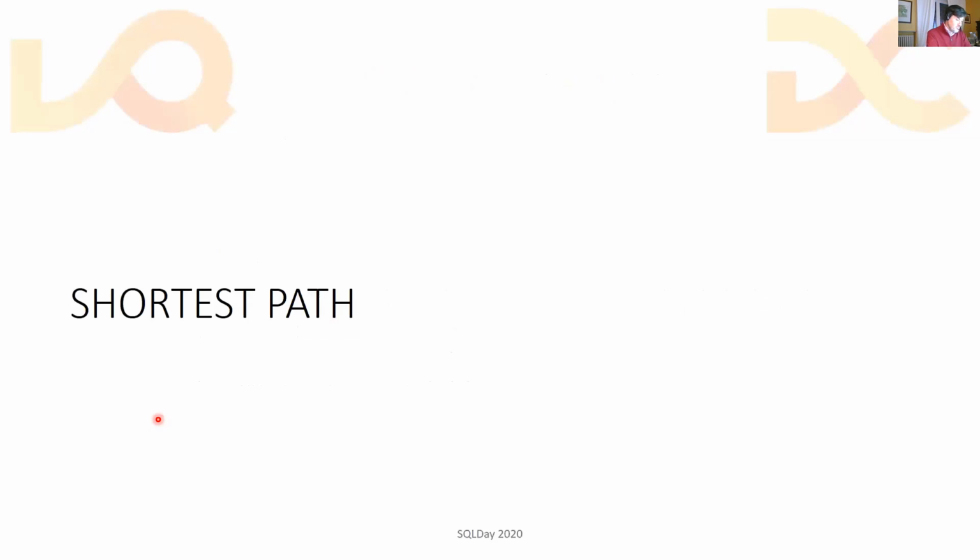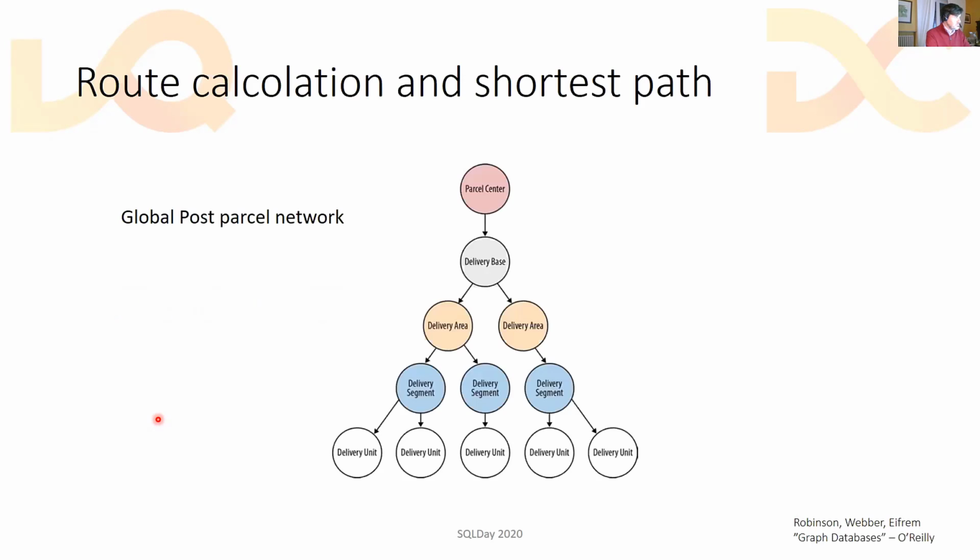In SQL Server 2019, the most important feature was added, because honestly, a graph database in SQL Server 2017 was not suitable for being used in production without it. This is absolutely the most important feature for a graph database: shortest path. So what does it mean?